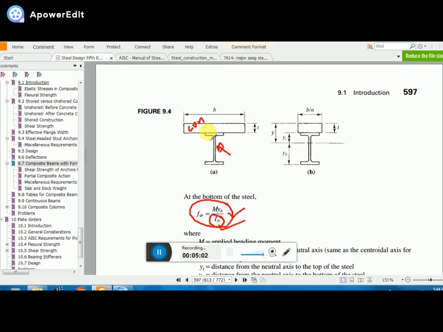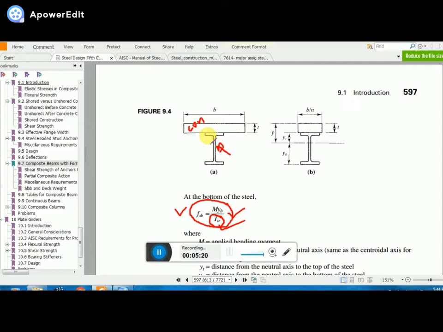Now when we are using this bending equation or flexure equation, the assumption of this bending equation is that the material should be homogeneous and composed of one material, not two or more.